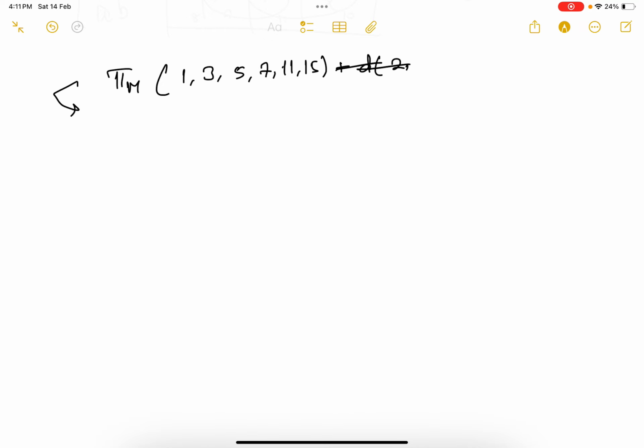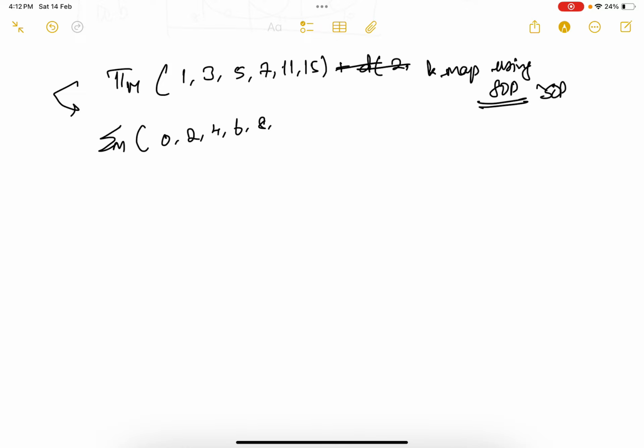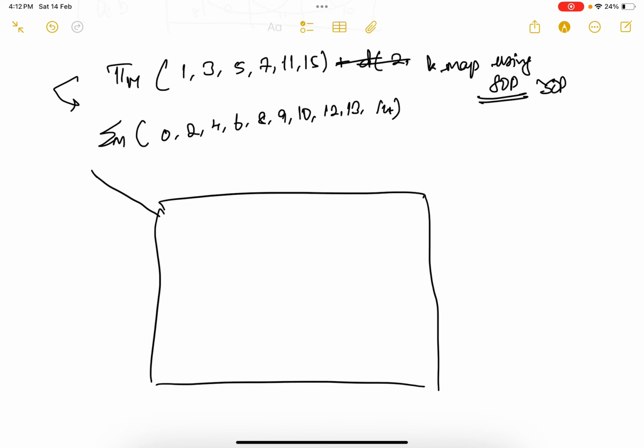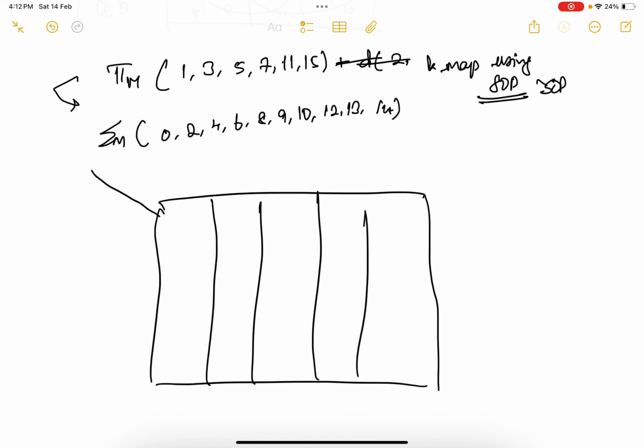So how will you convert it into your normal form, because I want to implement your K-map using SOP term. So first you convert this into your summation of m. So summation of m is 0, 2, 4, 6, then 8, 9, 10, 12, 13 and 14. Okay, for this now you want to form your K-map structure.